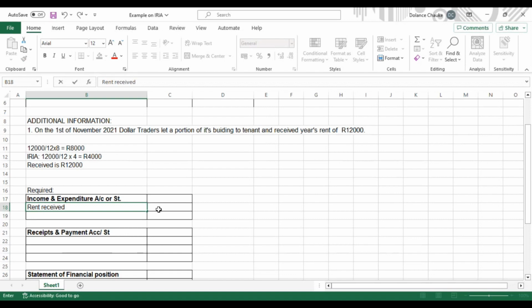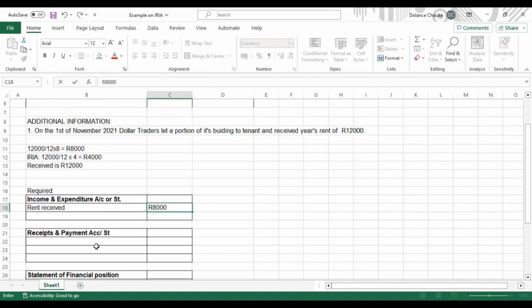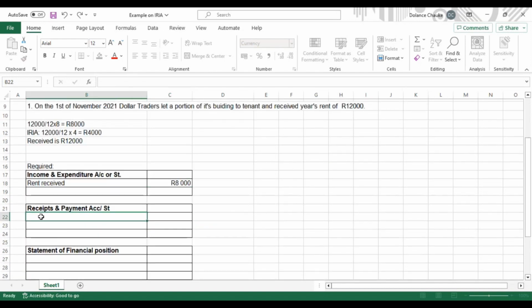We record 8,000 because it is the one that qualifies to go to income and expenditure, as it is the money within our accounting period. Now we go to receipts and payments. The amount for income and expenditure is 8,000. For receipts and payments, it is the total amount that we have received, the total amount that the tenant has paid to us.